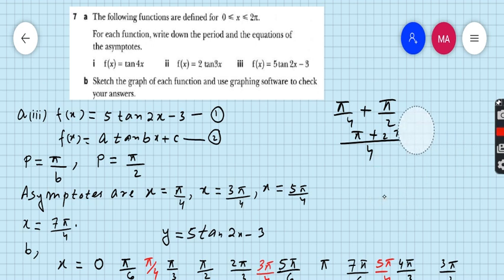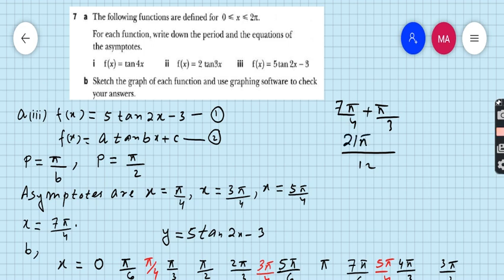Why am I not taking the fifth asymptote? Because the fourth asymptote is 7 pi by 4, and if we add the period to that asymptote, sorry, the period is pi by 2, I am very sorry.